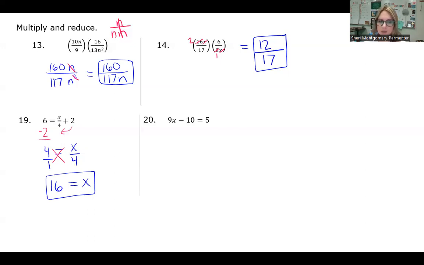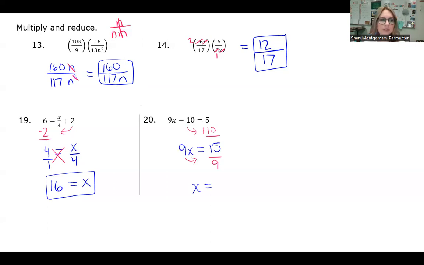Question 20. We can move over the 10, so we can add 10. 5 and 10 is 15. We have one last step. We need to divide by 9. 15 over 9, does that reduce at all?